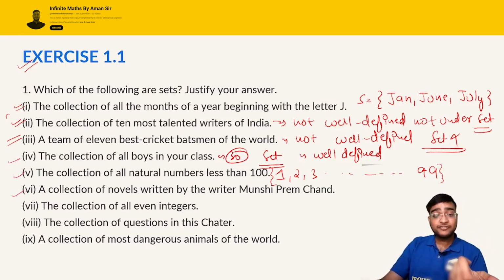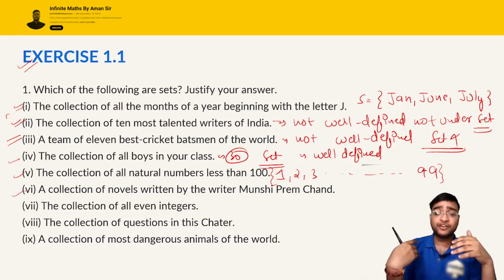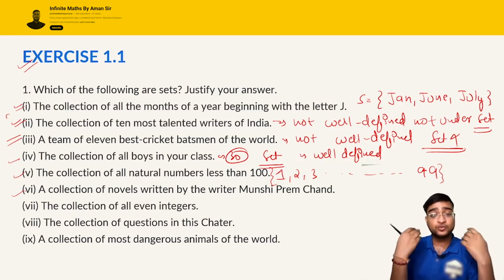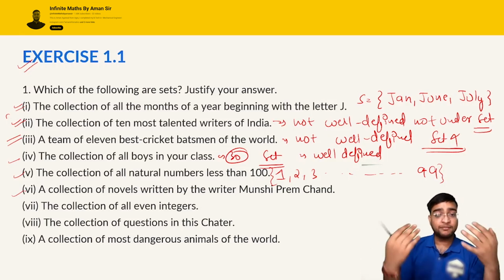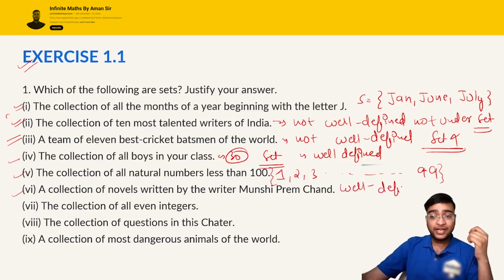That is also well defined, because Munshi Premchand wrote a definite number of novels. The novels do not differ from person to person, because if I ask you about Munshi Premchand's novels, it is the same for me. So this is also a well defined set.